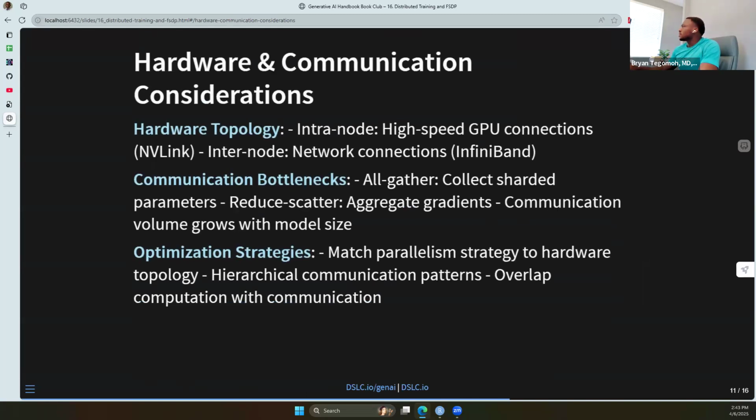Here we're going to discuss some of the hardware, computational, and communication considerations that are important. Efficient training requires considering the hardware topology, optimizing communication to avoid bottlenecks, and different strategies for hierarchical patterns and overlapping communication with computation.